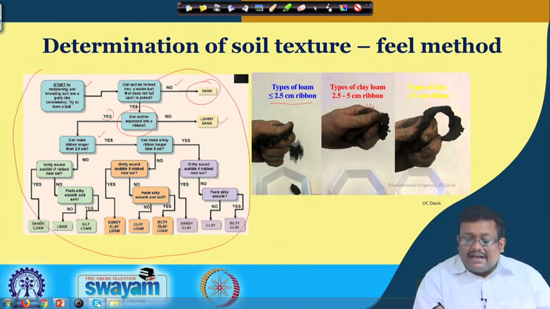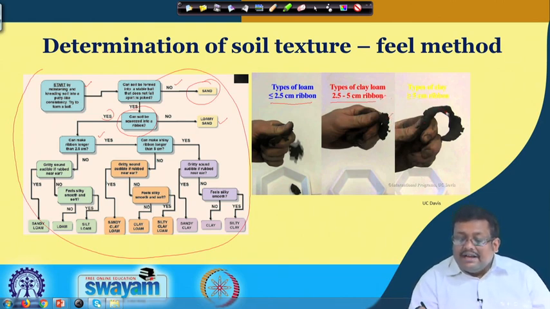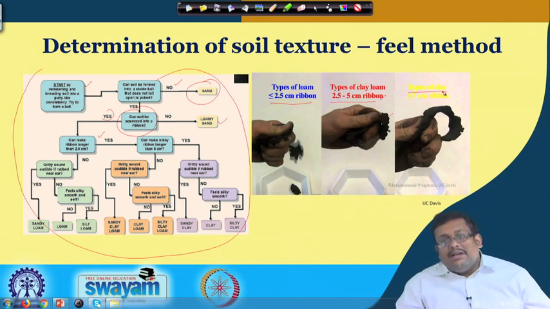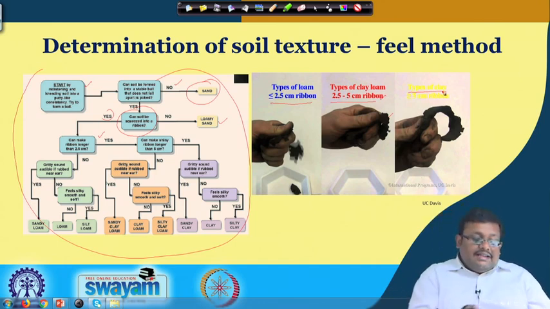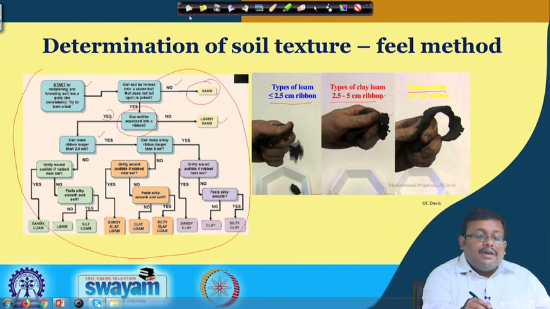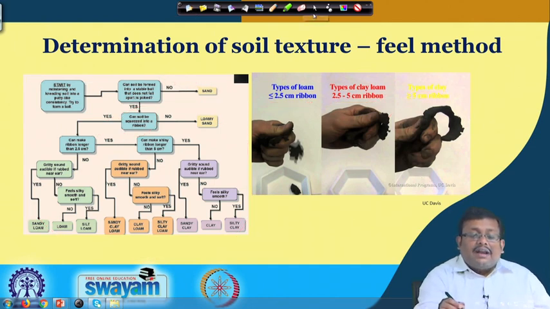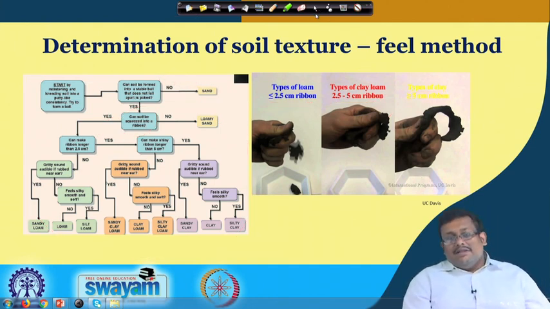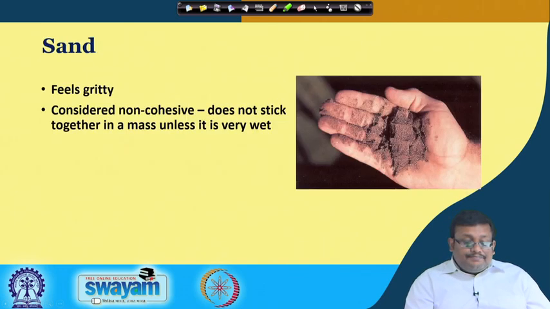When the ribbon size is 2.5 to 5 centimeter, it shows clay loam, and when the ribbon is greater than 5 centimeter, it shows clay. So, based on the size of the ribbon and these decision making criteria, you can classify different soils into different soil textural classes.